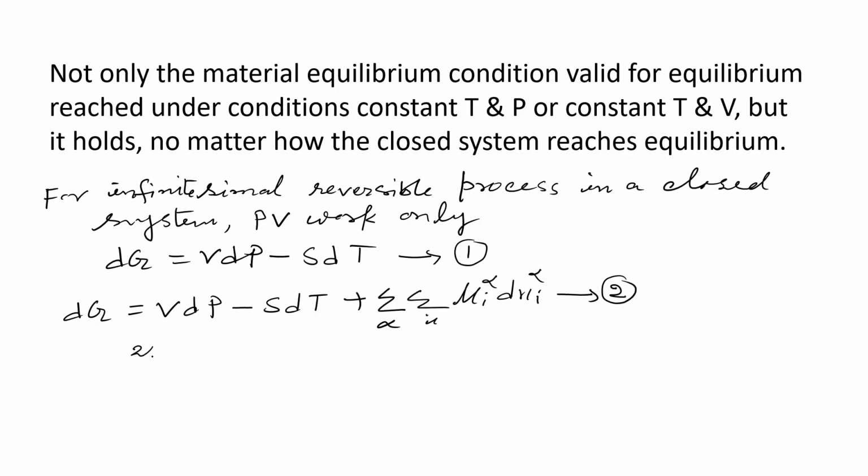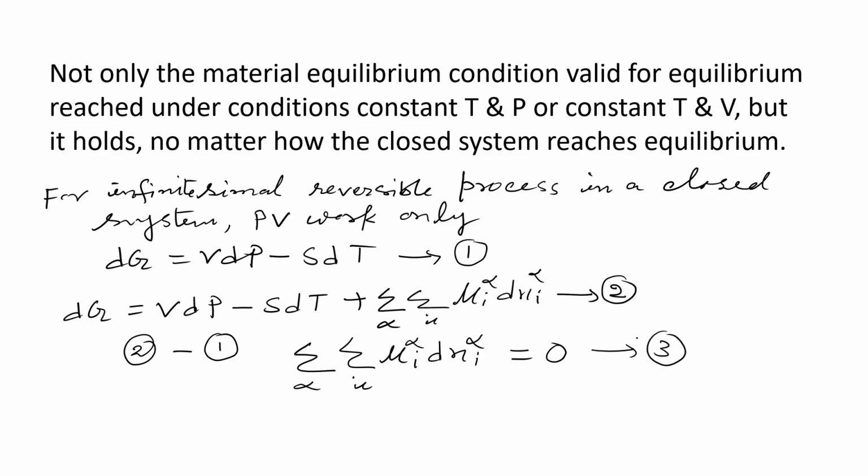Now, if I make equation 2 minus equation 1, what will be left over? dG cancels, V dP cancels, and the equation comes out the same: the summation over alpha, summation over i, of mu i alpha dn i alpha is equal to 0. So this is my equation number 3. This is for a reversible process, closed system.